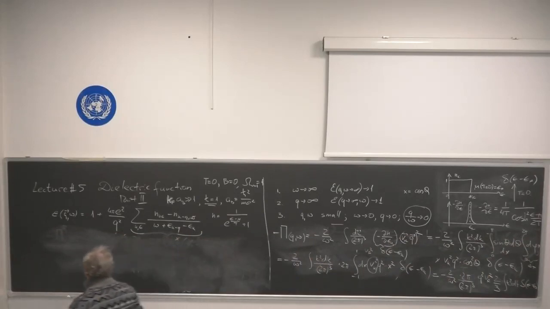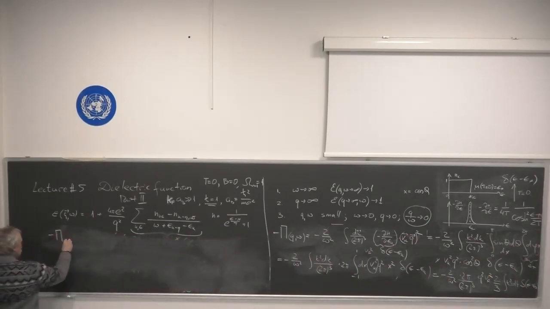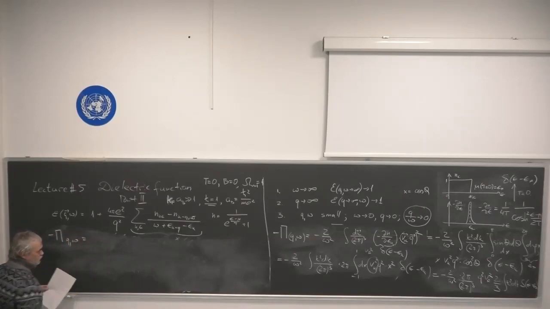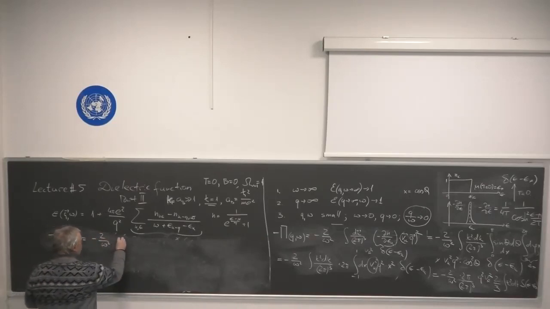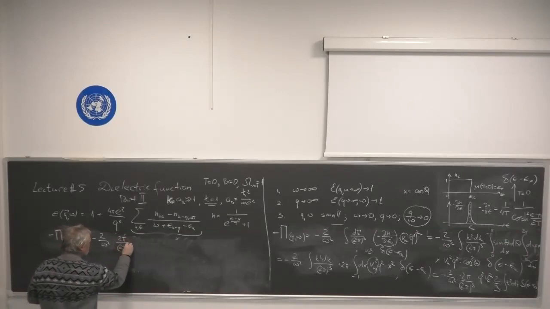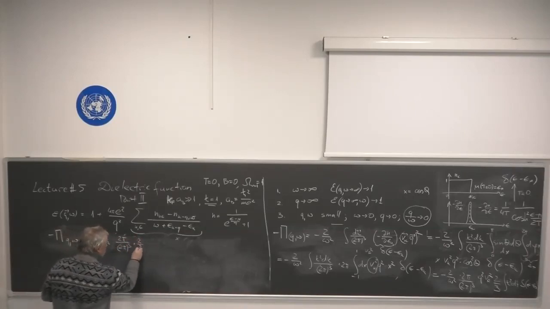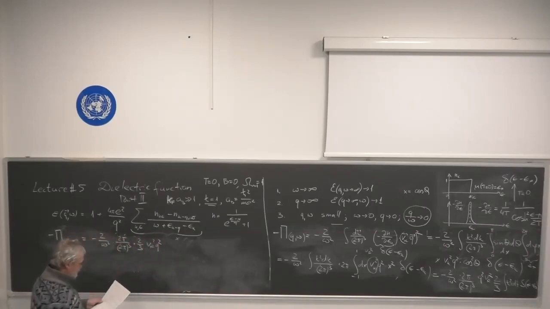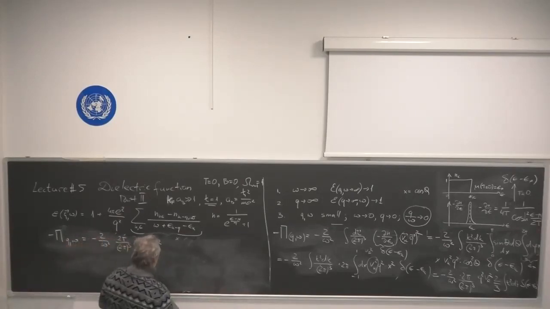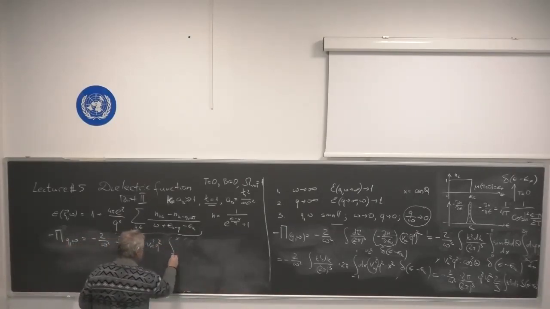So let me collect all terms. Minus pi q omega is equal to minus 2 over omega squared. I have 2 pi divided by 2 pi cubed. I have 2/3. I have v_F squared q squared, right? And then I have integrals from 0 to Fermi energy.